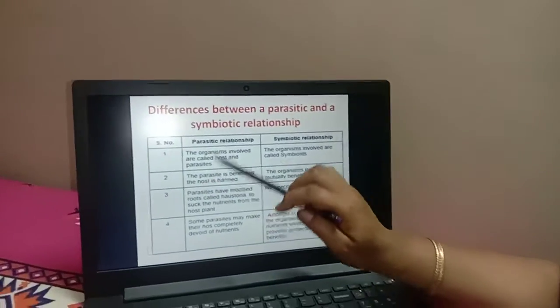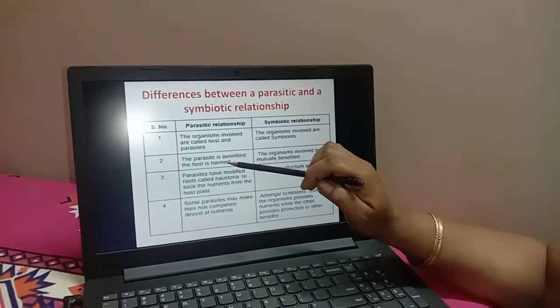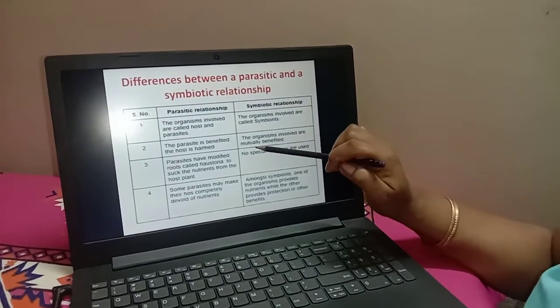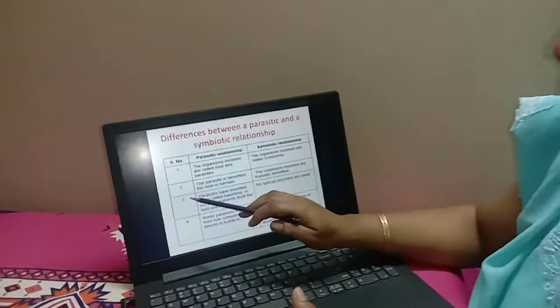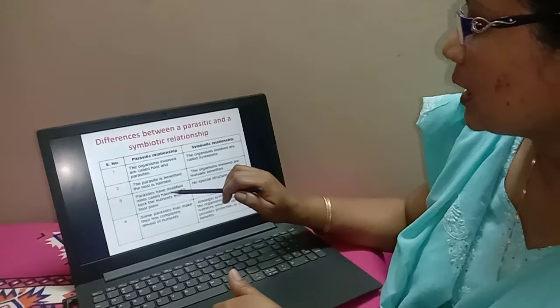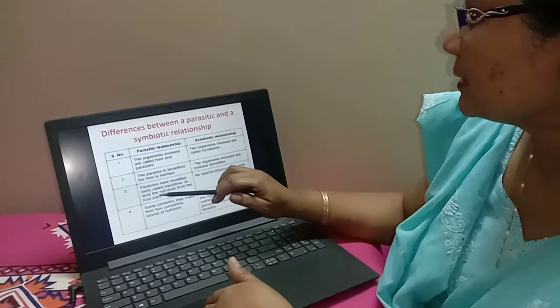In parasitic relationship, the parasite is benefited, the host is harmed. But in symbiotic relationship, the organisms involved are mutually benefited. Both are benefited. Number 3, parasites have modified roots called haustoria to suck the nutrients from the host plant.